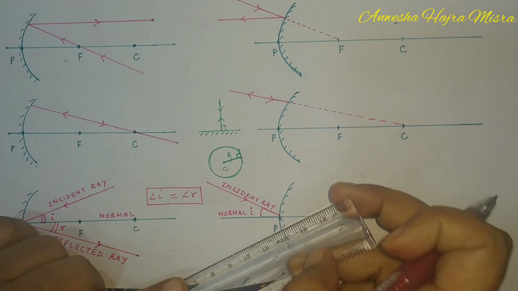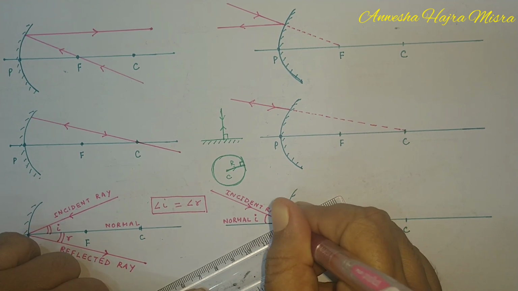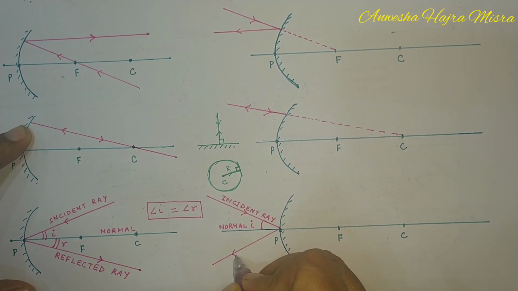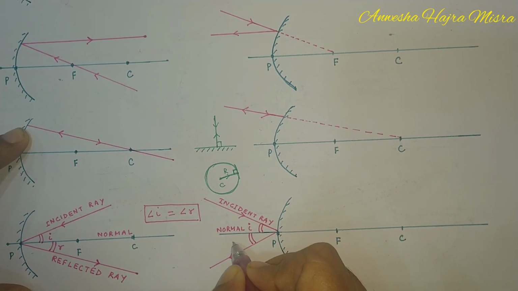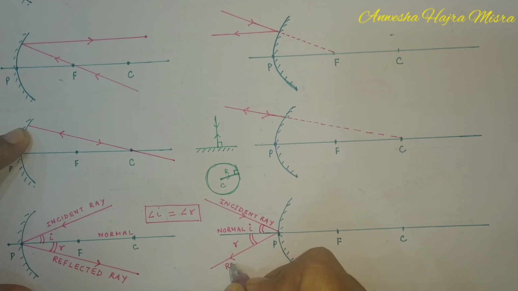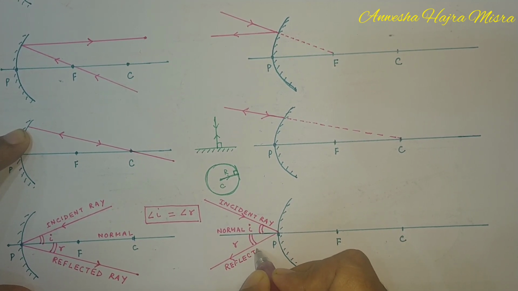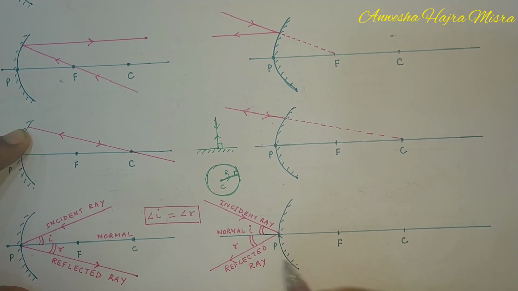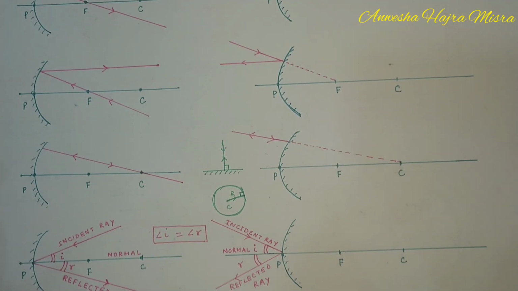Now with equal angle, you have the reflected ray, angle I equal to angle R. Why? Because line through the center of curvature is normal.